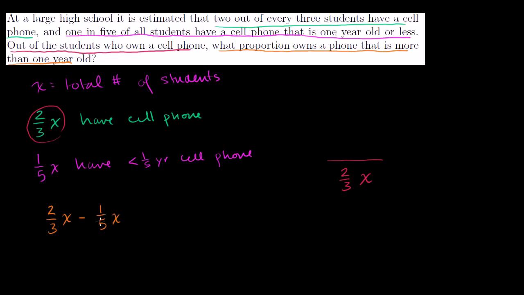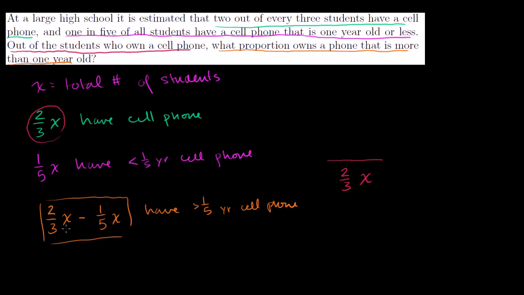And you will then have the proportion of students who have this right here. They have a phone, but it's more than 1 year old. This is all of them that have a cell phone. We subtract out the new ones. So this is essentially all of the people who have an older than 1 year old cell phone.